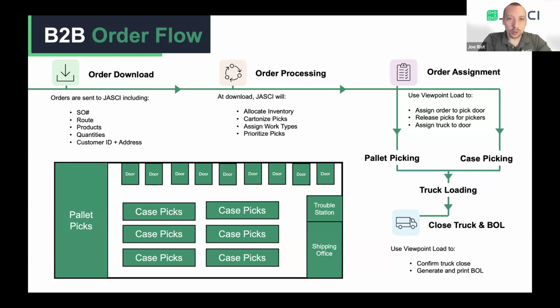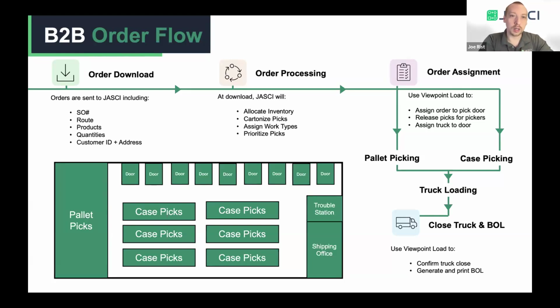As orders get downloaded into JASCI, they're typically going to include information such as the sales order number and the route. That means if you're sending multiple sales orders out to a particular destination that's going to be on the same truck as other orders, you'd be able to feed us that route information. You can also feed us route stops, so that you could do the reverse load sequence.